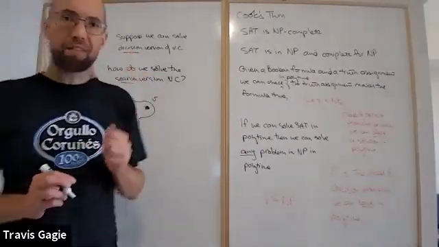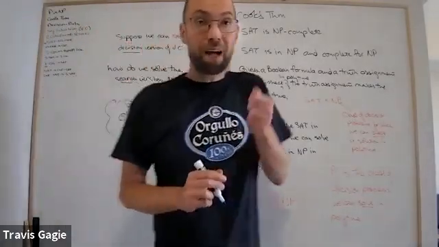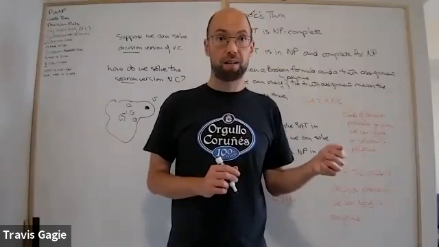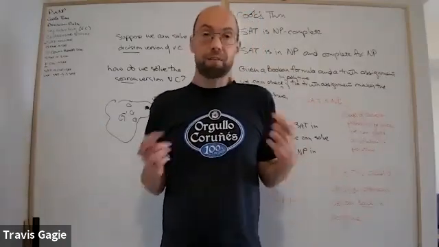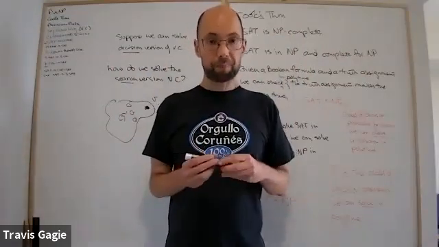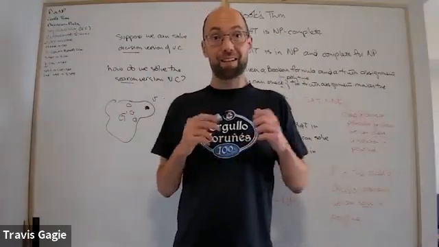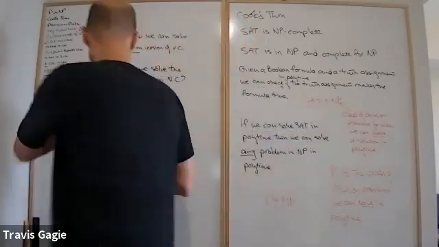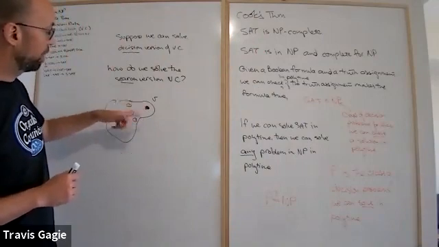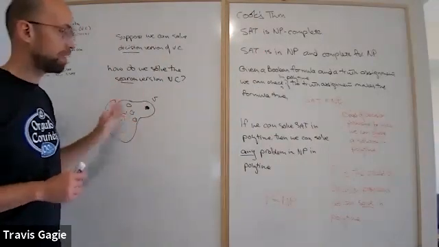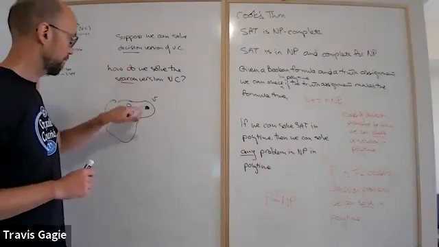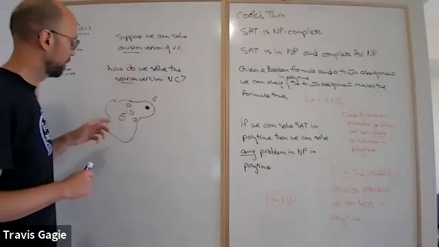And now I ask, does G prime have a vertex cover of size K minus 1? If it does, I say, great, V is in my vertex cover, and I just keep going with G prime. Actually, I can delete V, forget about it, or I can leave it there because it's isolated, it doesn't matter anymore.